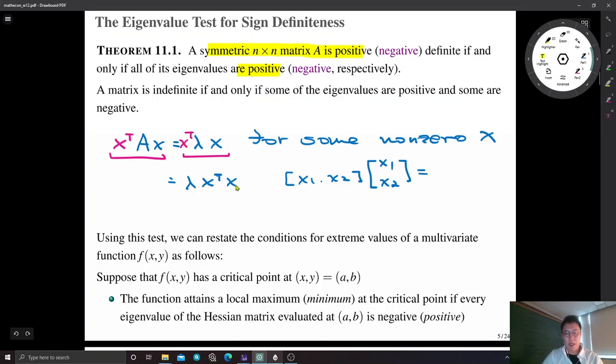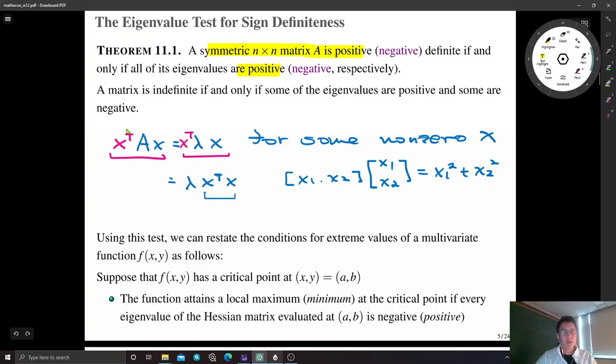And its multiplication gives me x1 squared plus x2 squared, okay? So no matter what x is, the first entry may be negative or the second entry may be negative, it does not matter. No matter what x, it is always positive. So this multiplication is always positive.